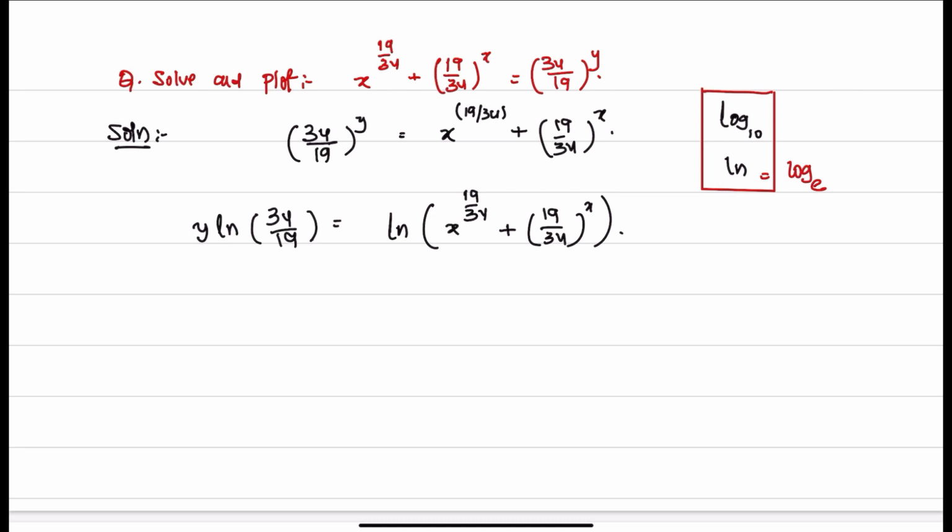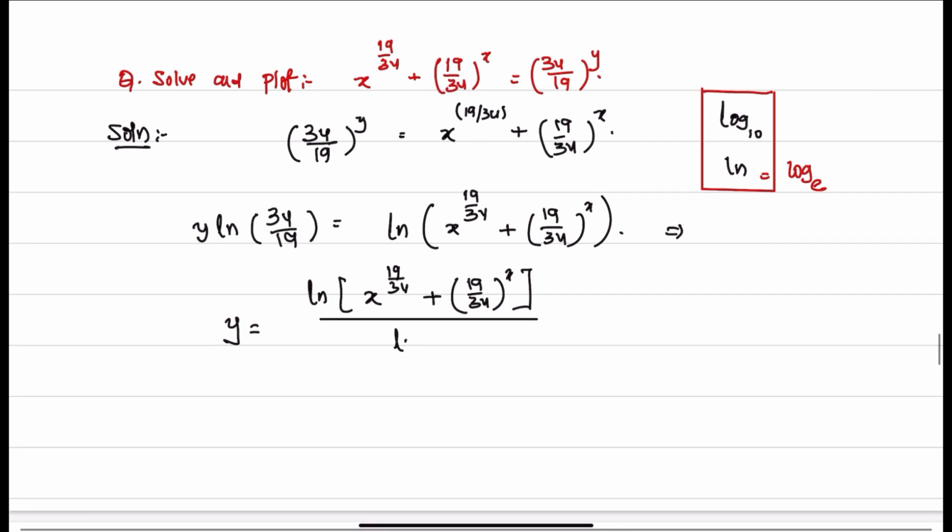Then, what is the value of y? y is equal to, from above, ln of x to the power of 19 by 34 plus 19 by 34 to the power of x, the whole under the natural logarithm, whole divided by ln 34 by 19.